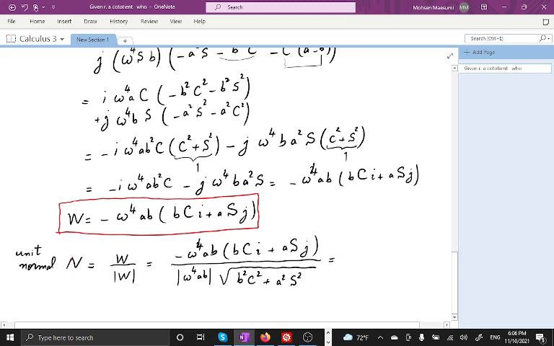AB and AB are going to cancel each other out also, except that we have to be careful about the signs. So there's going to be a little bit of a strange thing, AB over absolute value of AB. So this is either +1 or -1 depending on what kind of signs you have for A and B. The rest of it, very clean expression, (b c i + a s j) divided by the length of that thing, which is the square root of b squared c squared plus a squared s squared.